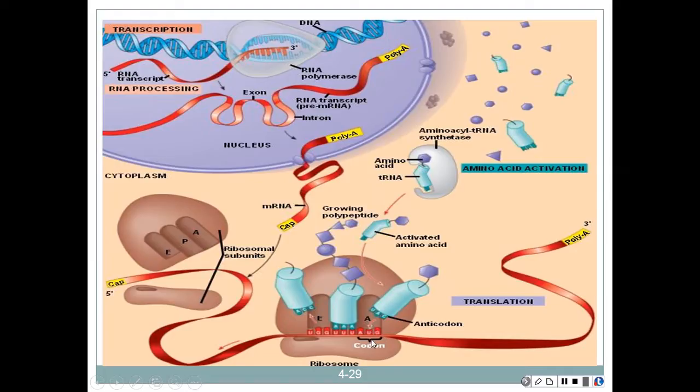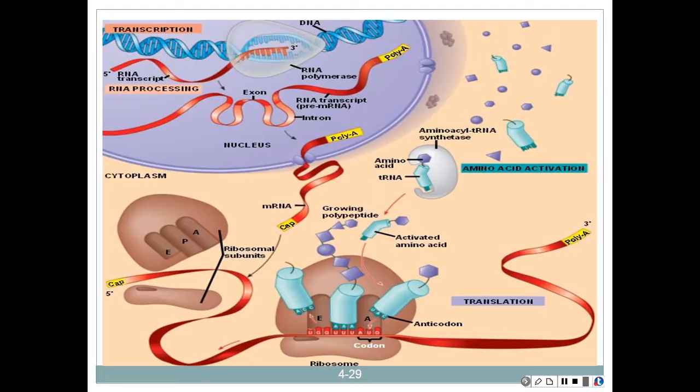Now the empty tRNA, which is this one here, exiting this E site, goes off to pick up another amino acid. Now some mistakes are tolerated at the third base of the codon, and this is called a wobble, and it allows I think it's 48 different tRNAs to pair up with 61 codons that represent our amino acids.